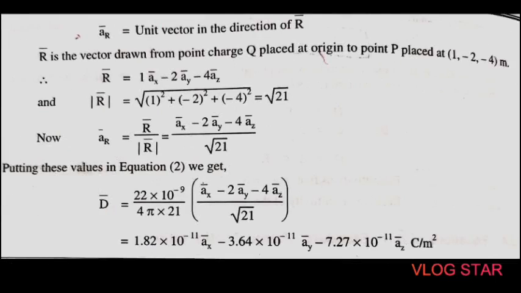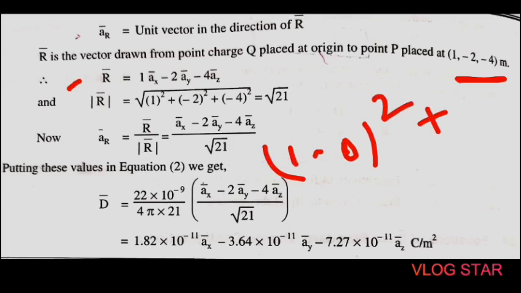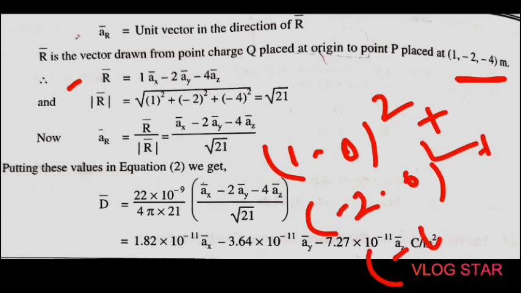So we can write R bar, the vector between O and P, equal to the ending point 1, minus 2, minus 4, minus the origin point 0. The magnitude is the square root of 1 minus 0 square plus minus 2 minus 0 square plus minus 4 minus 0 square.